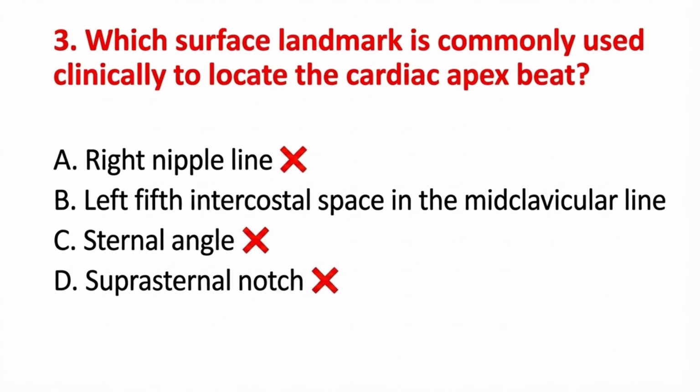Why are the other options incorrect? Option A is incorrect because the cardiac apex is not located on the right side of the chest. Option C is also incorrect because the sternal angle is a landmark for identifying the second rib and counting intercostal spaces, not locating the apex beat.